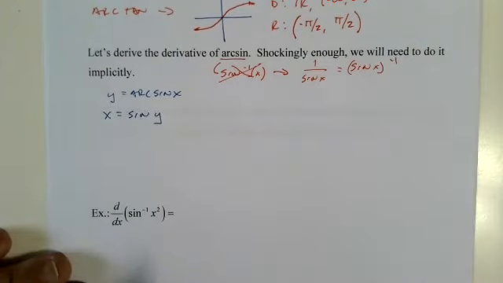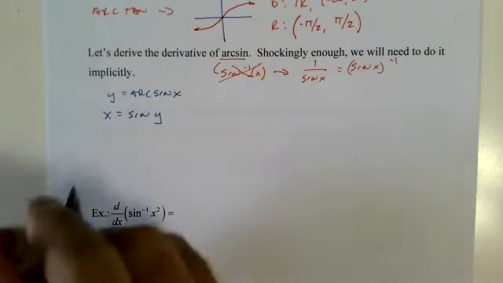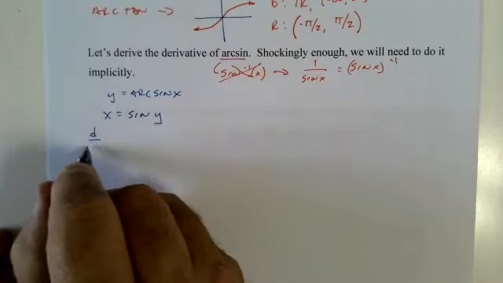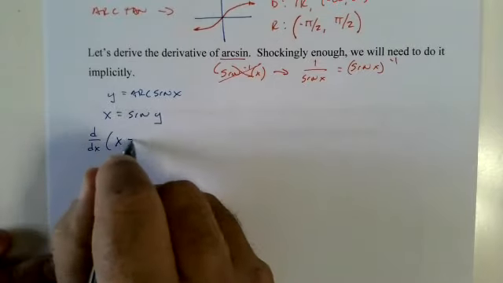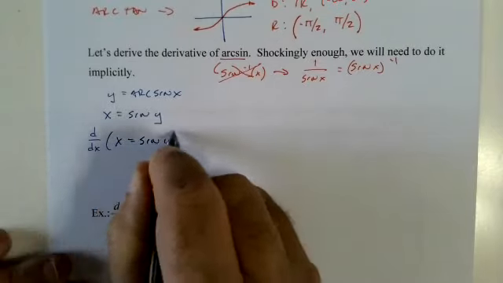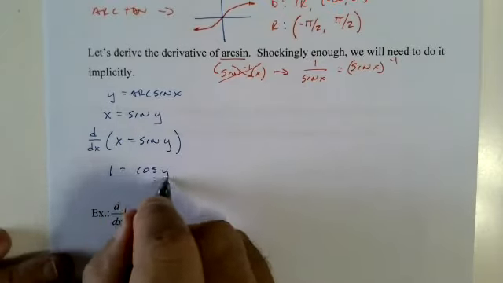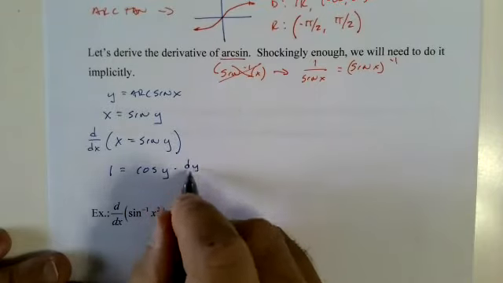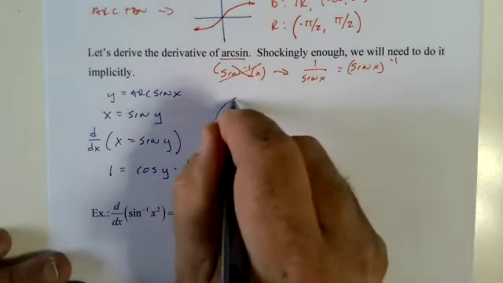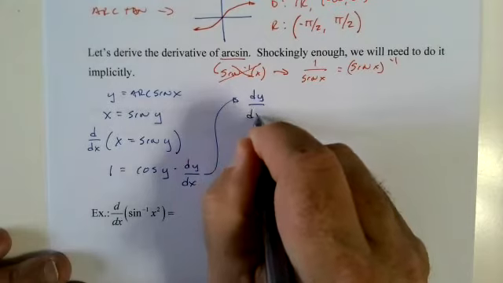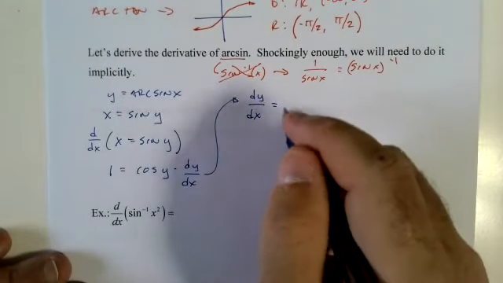I immediately turn it around. And it makes life a lot easier, especially in calculus, because now I can just use this cool new implicit tool I have. 1 equals cosine of y times dy/dx. So dy/dx equals 1/cosine of y.